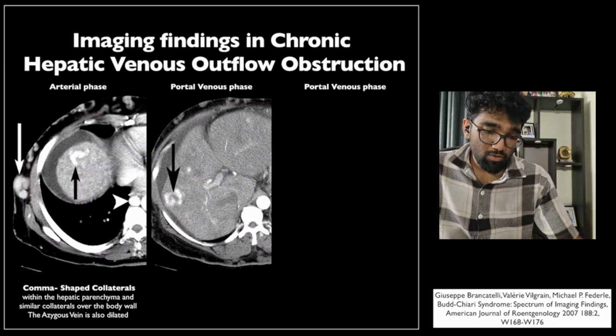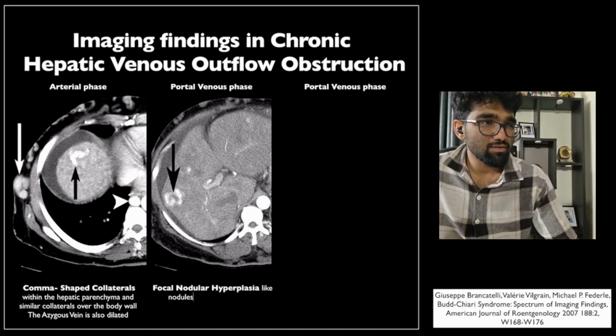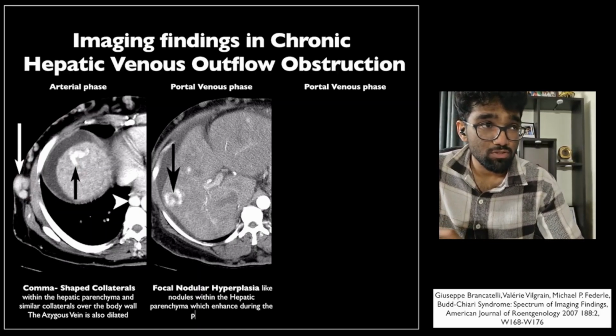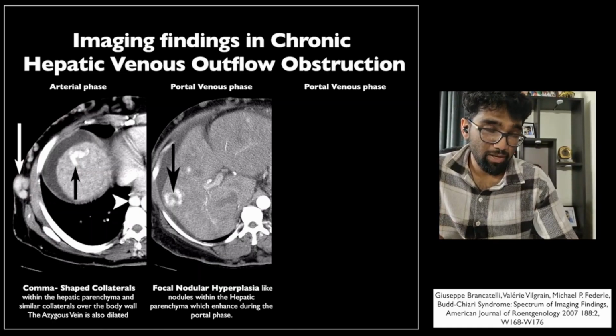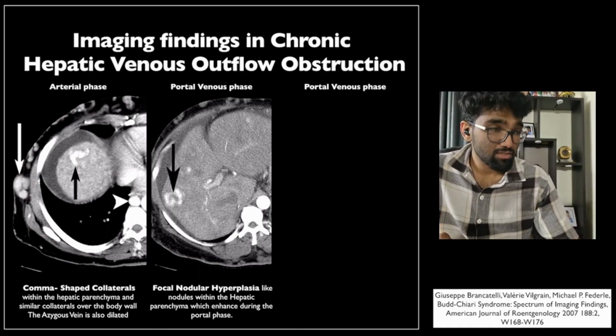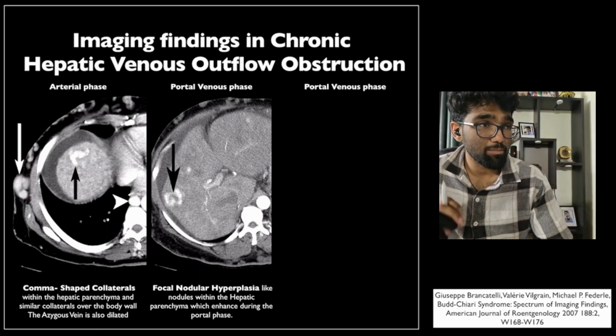Now, in the portal venous phase, you might find something that looks like focal nodular hyperplasia, and we'll be talking about focal nodular hyperplasia when we approach intrahepatic space-occupying lesions. Suffice to say for now, focal nodular hyperplasia tends to show hypoenhancing stellate scars in the middle.